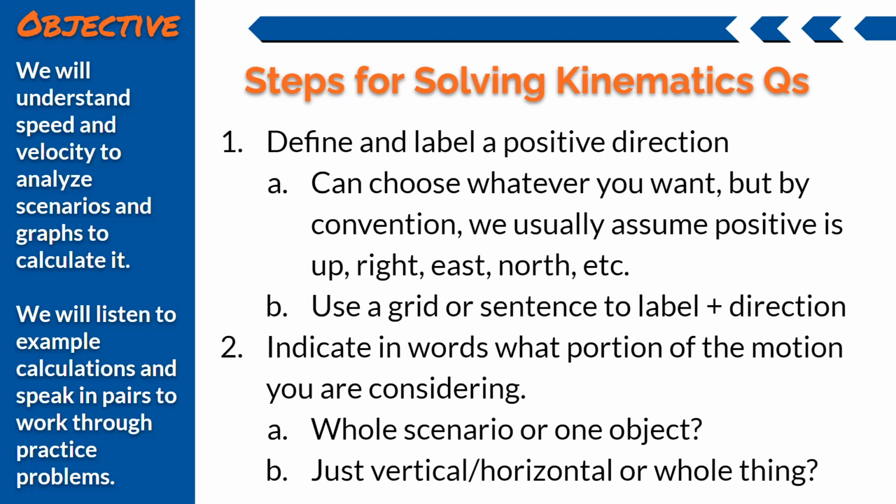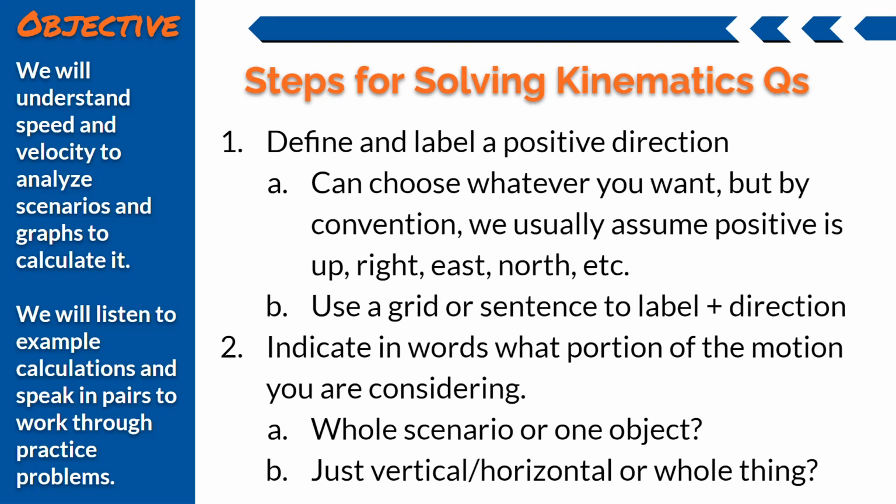The second step for solving a kinematics question is to indicate in words what portion of the motion you are considering. If you're looking at a scenario where you have multiple objects, are you just looking at one of them? Are you looking at both of them? So what are you considering there? One object, two objects, however many. And then are you considering just the vertical portion of the motion, just the horizontal portion of the motion, the whole thing?